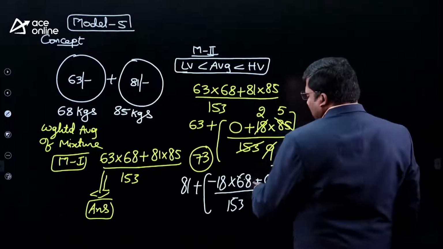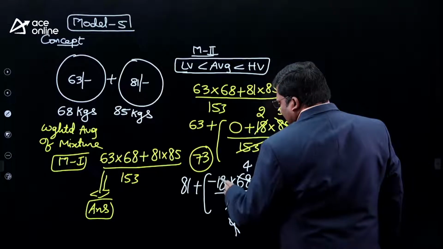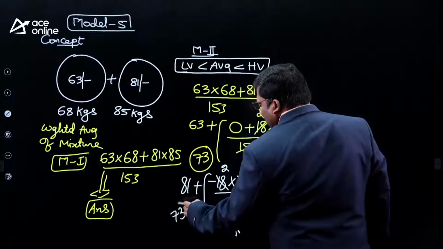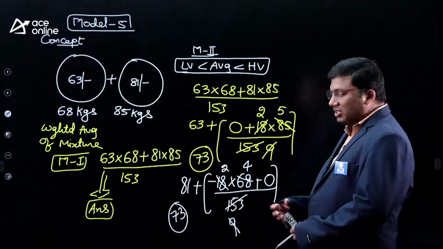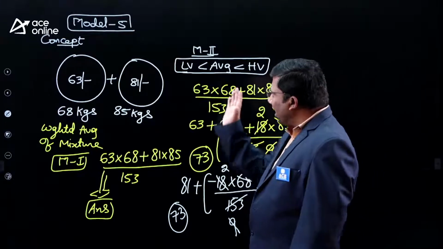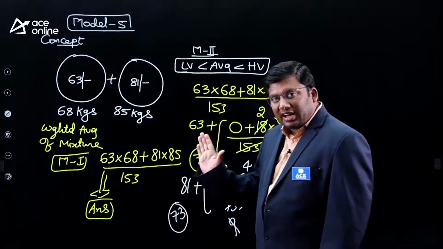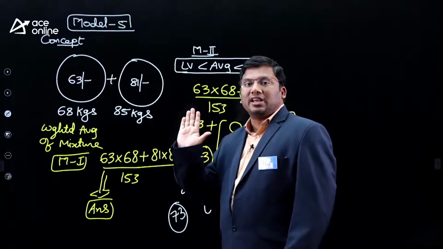Here also see, 17 4s are 68, 17 9s are 153. So 81 minus 8. What will be the answer? 73. 81 minus 8, 73. Average is lesser than highest value. Average is greater than lowest value. Is the idea clear? Average lies between lowest value and highest value.